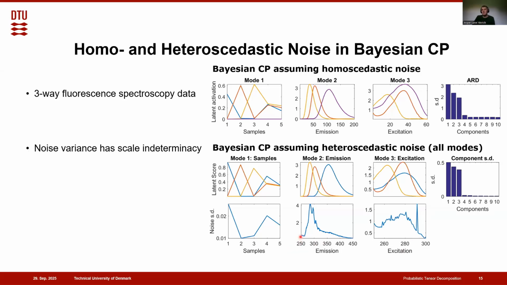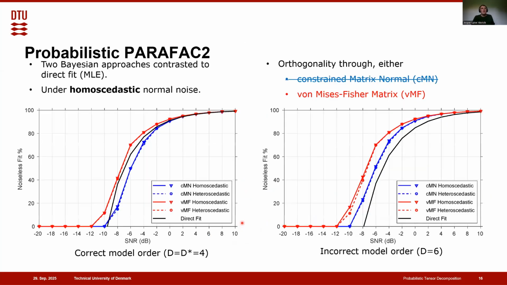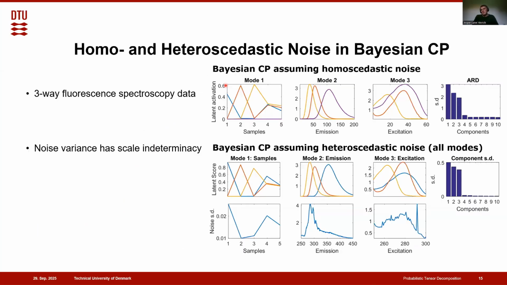You can see that there are some areas that are more noisy than others, and some samples that are more noisy than others. And it's nice that it still prunes the components down, and we can even specify more components and it will still prune them.